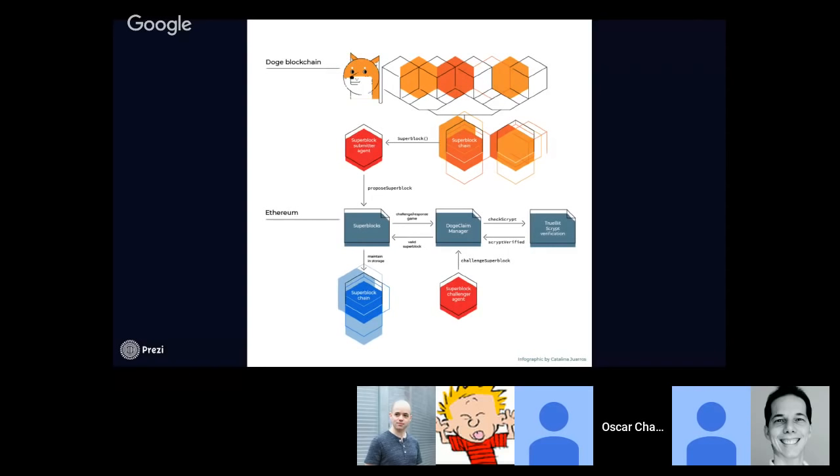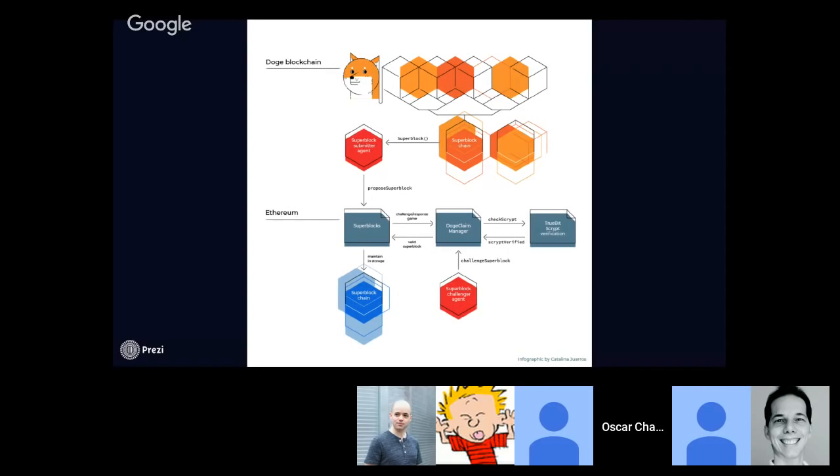That's why there is an actor in the system, the superblock challenger or verifier, who will monitor all the superblocks that are being proposed. And if she detects an invalid one, she will send a challenge. And a challenge-response battle will be started between the superblock proposer and the superblock verifier. If the superblock was in fact invalid, the superblock proposer will be punished, and the superblock challenger will be rewarded.